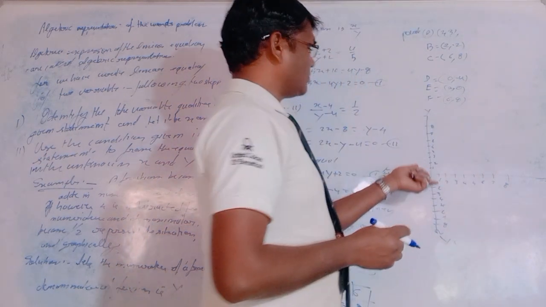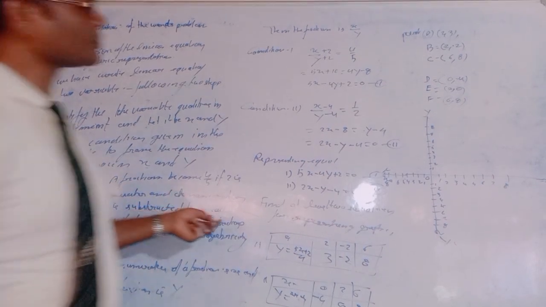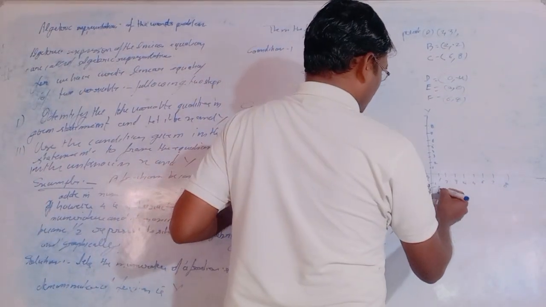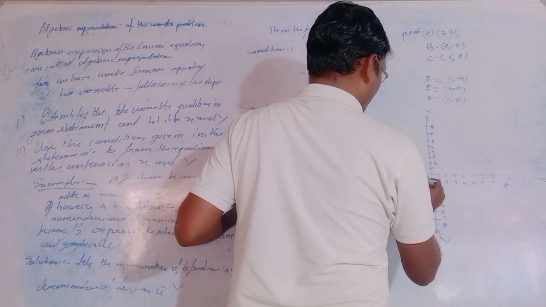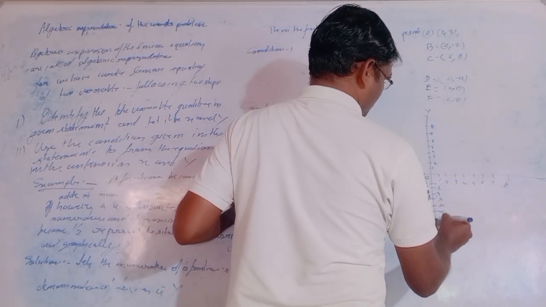This is how we have graphically represented all the values. Here the sign will be minus, always minus, on this side and also on this side.